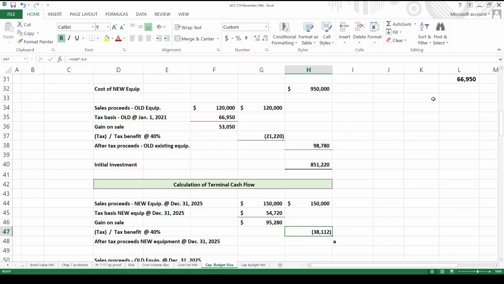And we'll get 38,112 as the tax on this 95K at 40%. Then we'll find the after-tax proceeds, 11,888 after-tax proceeds of the new equipment at the end of 2025.